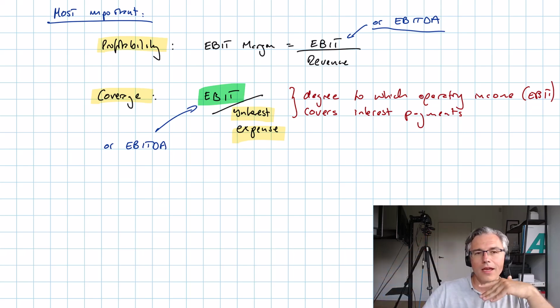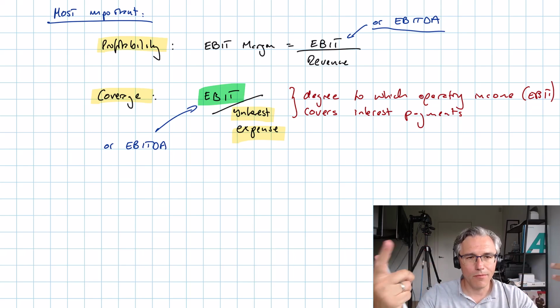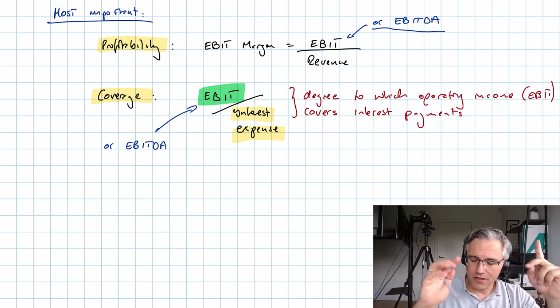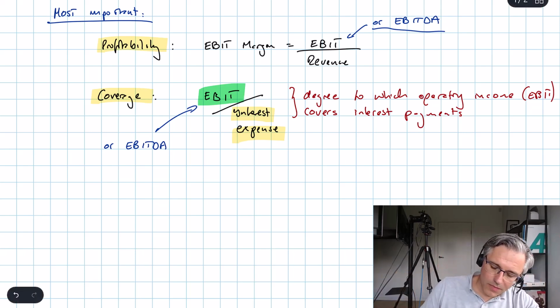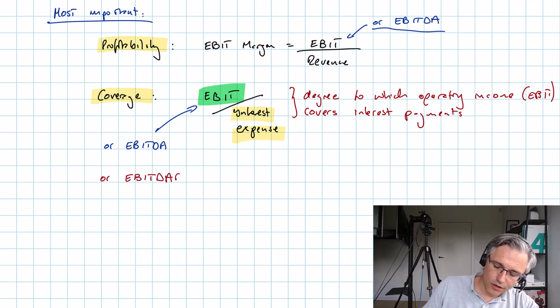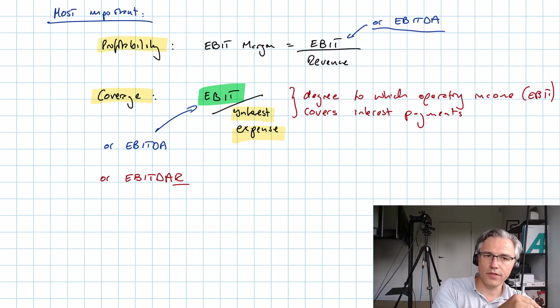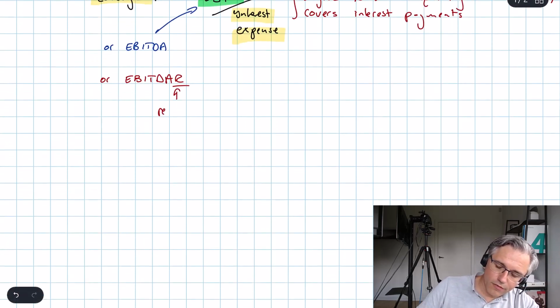So if you switch to the EBITDA measure, it will give you a more favorable coverage ratio. However, please appreciate that there is another adjustment you can make. You can switch to EBITDAR. And this is, of course, earnings before interest, taxes, depreciation, and amortization, but also R, which is going to stand for rental expenses.